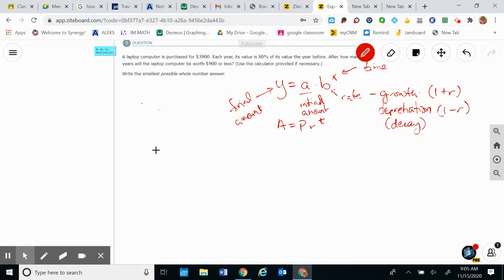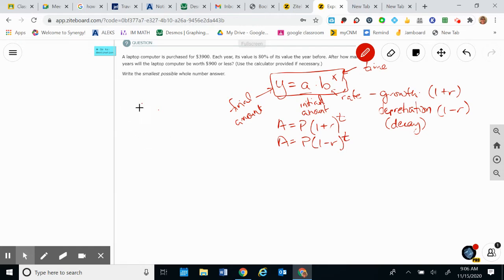Almost. If you want to write it nicely, instead of writing 1, it'd be 1 plus or minus r, depending. That's for growth. This one is nice to go back to simply because it's the basic one, and it can always guide you. So there's growth, there's decay. Ow, ow. Okay, sorry.